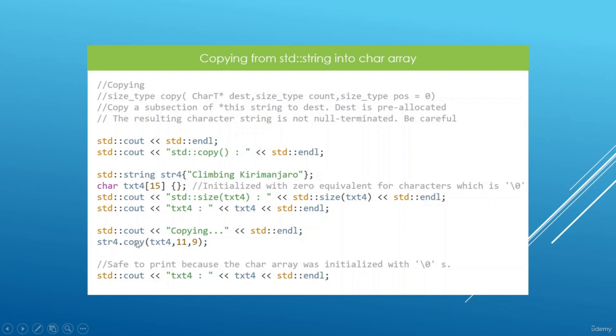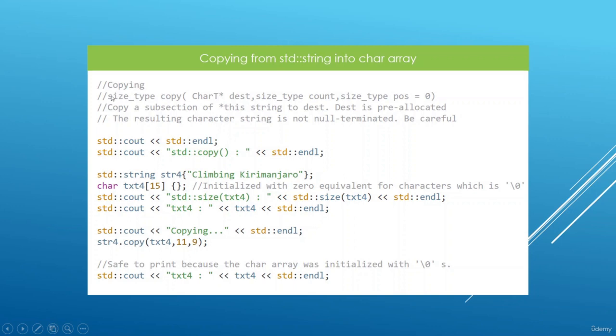And how do I know how this works? It is basically from the documentation, and sometimes these parameters that we have in the functions are confusing. You have to play with things a little bit to figure out how they work. But once you do that, you're going to understand. So here we are basically saying we want to copy from this string starting from index 9 and going 11 characters, and we're going to grab that and paste that into txt4.